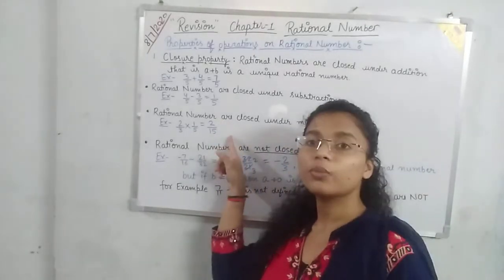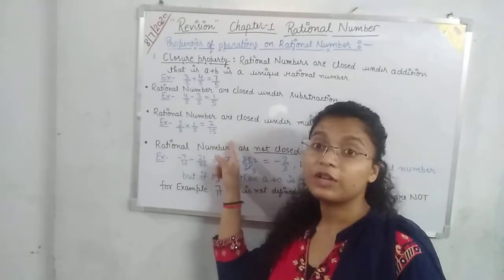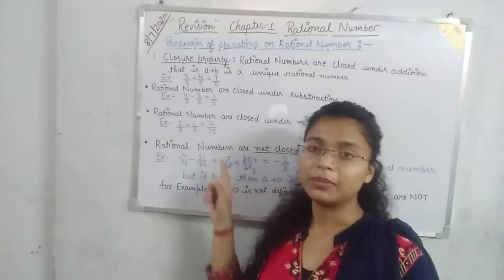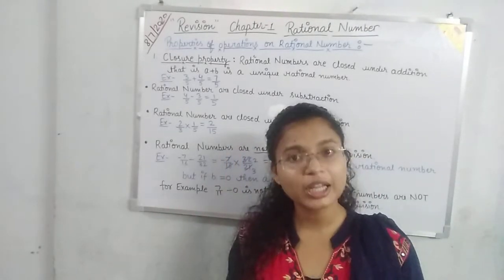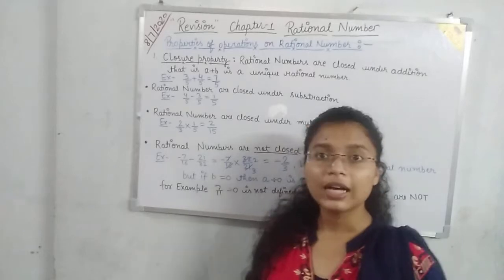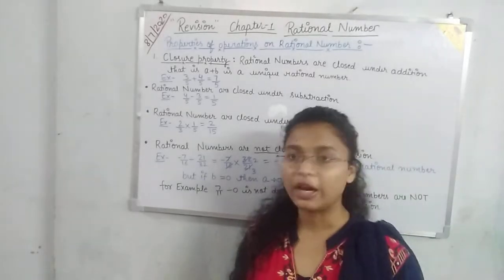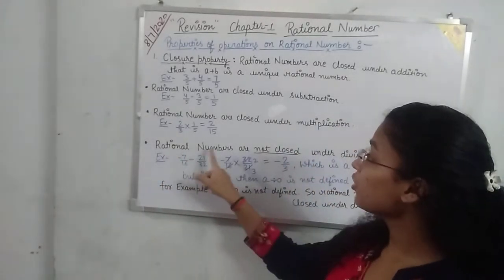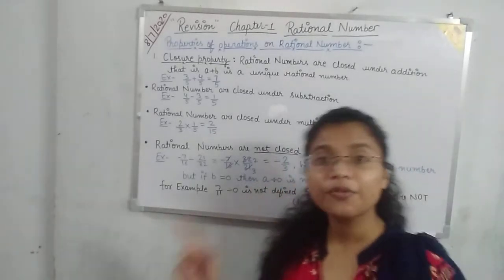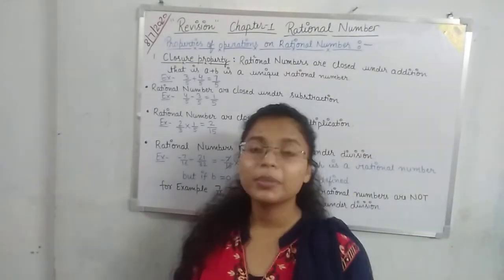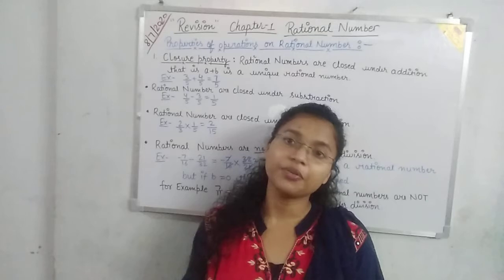You will get 2 by 15. 2 by 15 is again a rational number. That means rational numbers are closed under multiplication. Now the last condition is for division. Rational numbers are not closed under division.